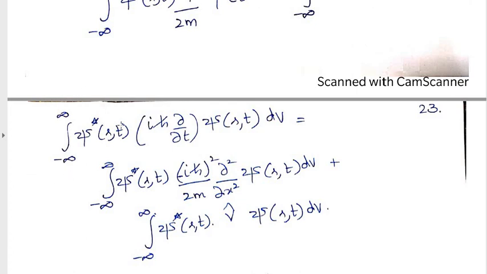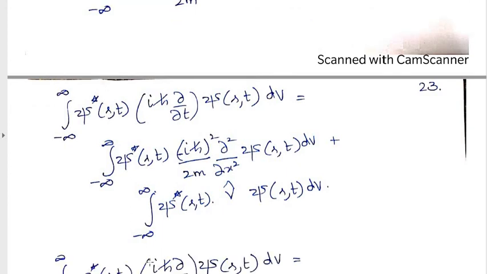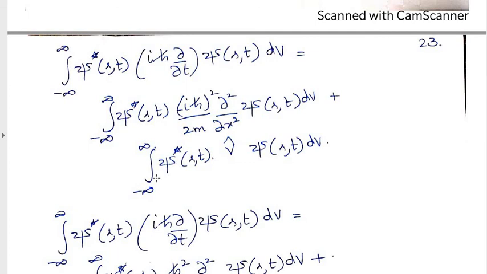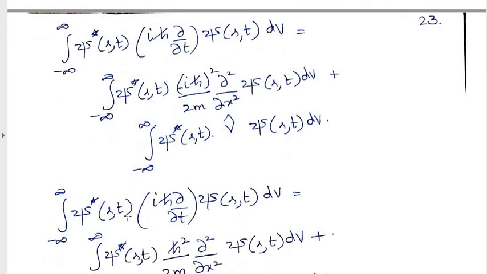So the integration of psi star r,t into i h bar del by del t into psi of r,t dV between the limits of integration minus infinity and plus infinity is equal to the integration of psi star r,t into minus h bar square by 2m into del square by del x square psi of r,t dV between the limits of integration minus infinity and plus infinity, plus the integration of psi star r,t V cap, which is the operator for potential energy, into psi r,t dV between the limits of integration minus infinity and plus infinity.